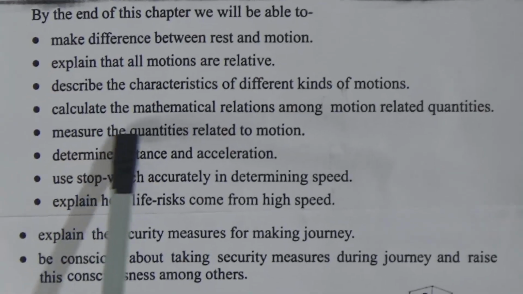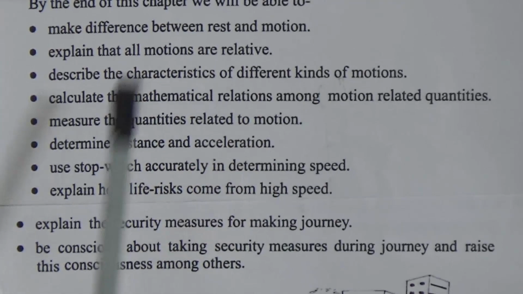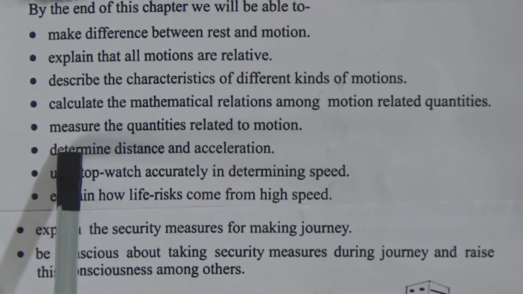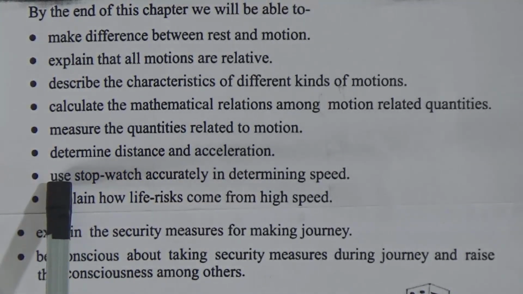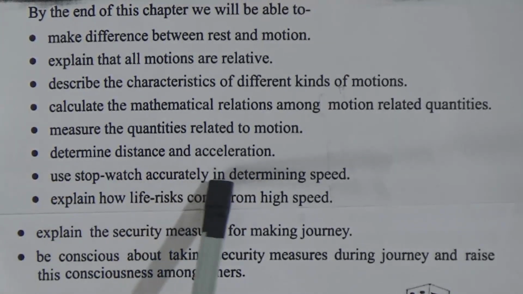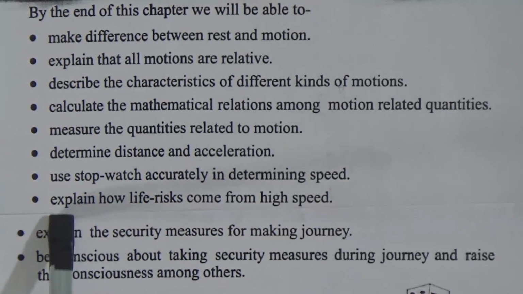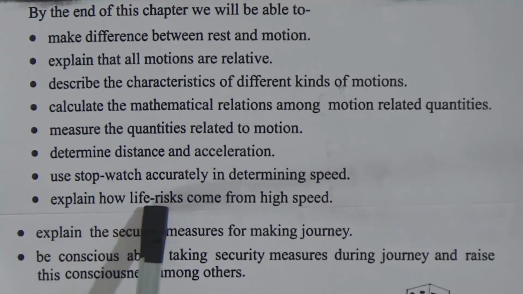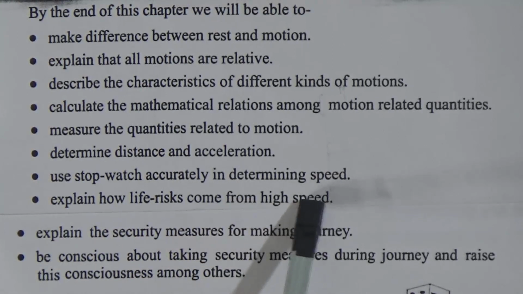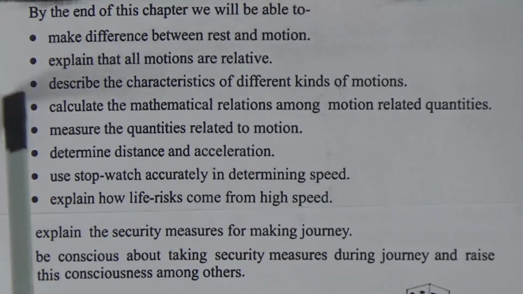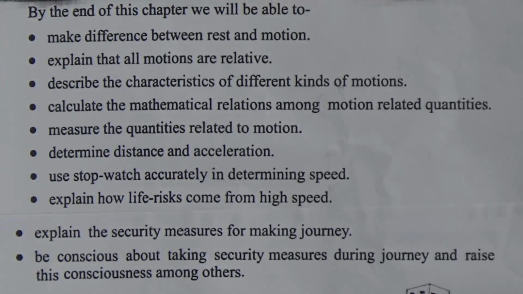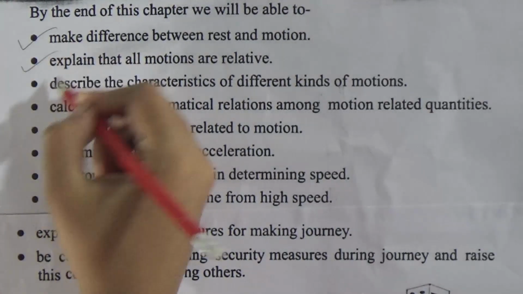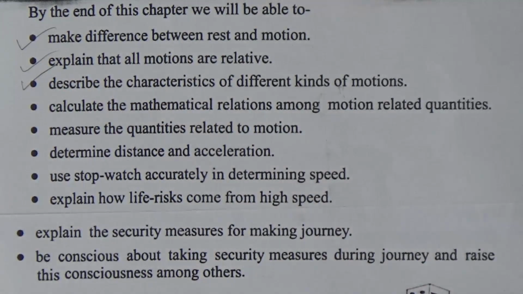We can measure the quantities related to motion and we can determine distance and acceleration. We can use the stopwatch accurately in determining speed, and we can explain how life risks come from high speed. Now we will discuss only the first 3 points, and from these some parts.